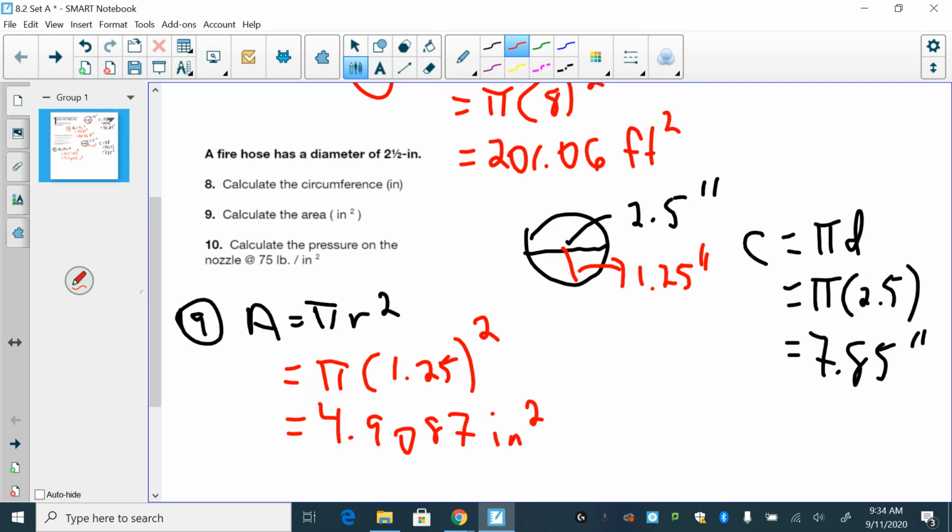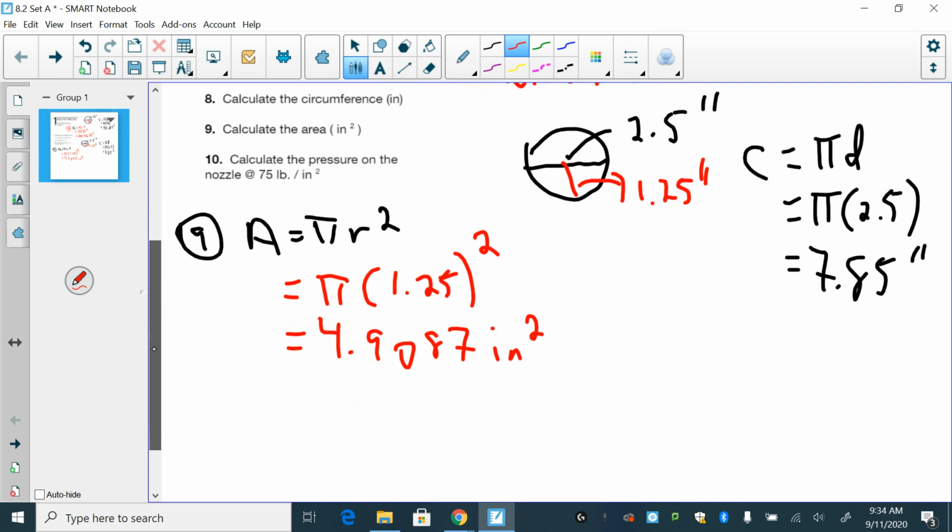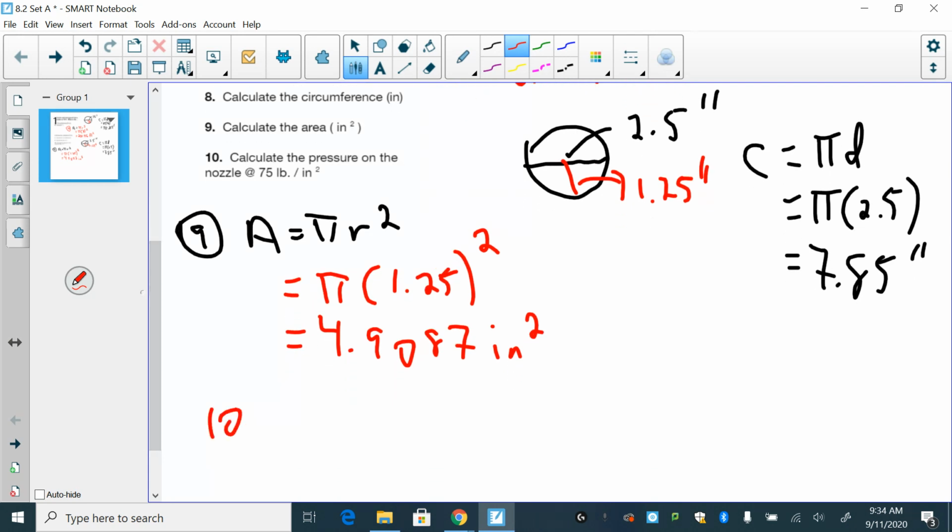Number 10 says calculate the pressure on the nozzle when it's 75 pounds per square inch. For that question, I'm going to set it up as a ratio. I've got 75 pounds over 1 inch squared: pounds in the numerator, inch squares in the denominator.